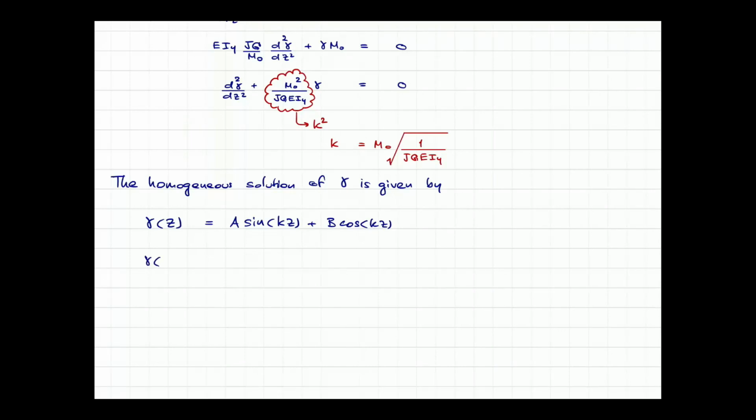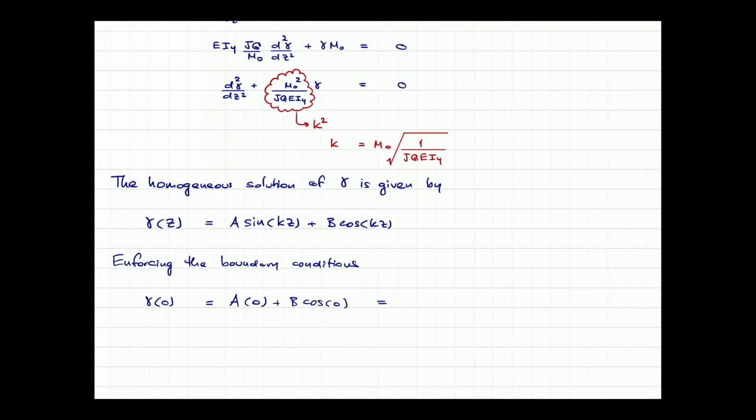Now for gamma, we enforce the boundary conditions. The boundary conditions we have are at z equals to 0 and at z equals to L. So at z equals to 0, you have a times the sine 0, which is 0, plus b times the cosine 0, which is 1, and the gamma at 0 is equal to 0.